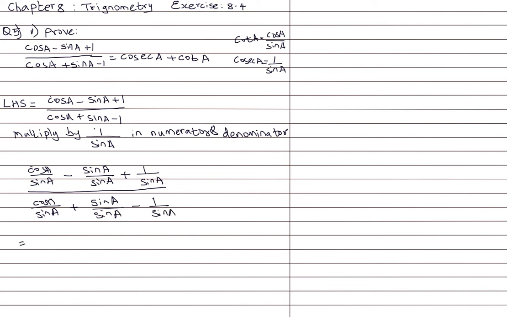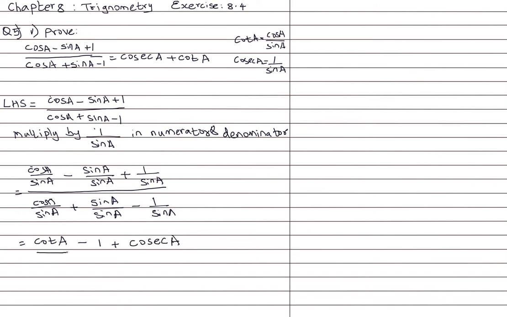Now I can simplify further. Cos A by sin A is what? Cot A. So I can write cot A minus sin A by sin A is what? 1, plus 1 by sin A is what? Cosecant A. Why are we doing it like this?